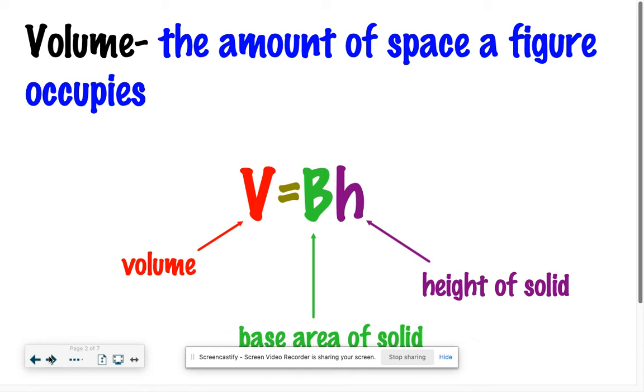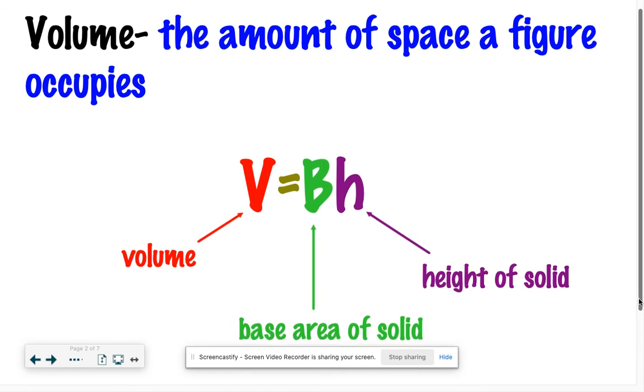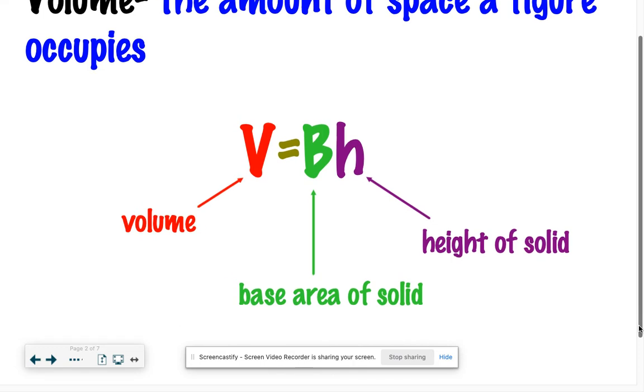V equals big B times H. The V stands for volume, obviously. Big B stands for base area. So the area of the entire base, that's your big B, and H is the height of the solid. So find the area of your base and then multiply it by your height of the solid.